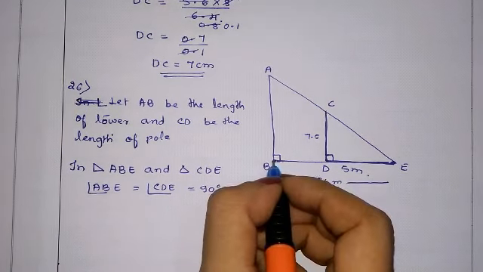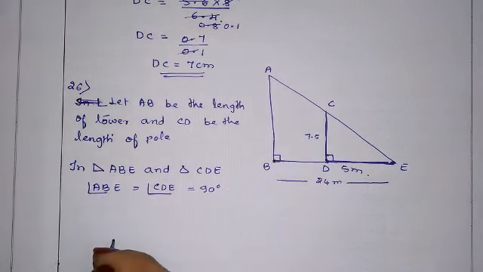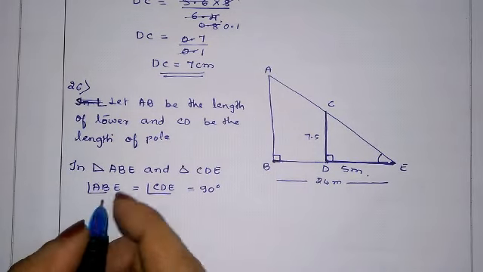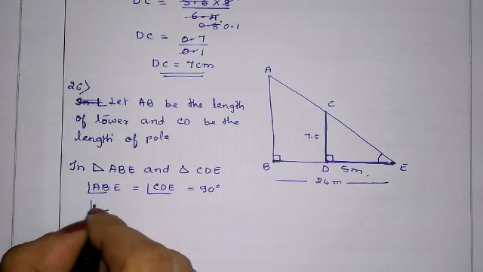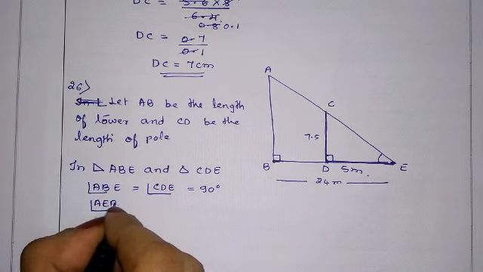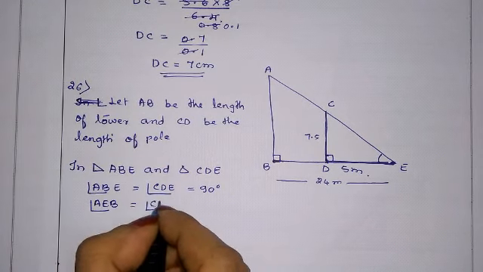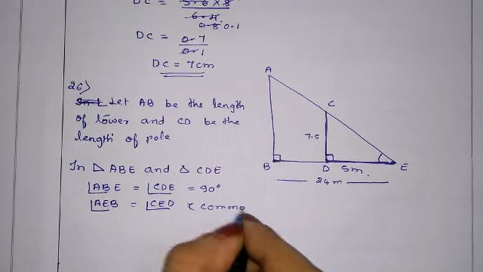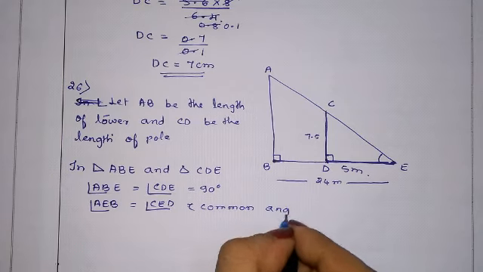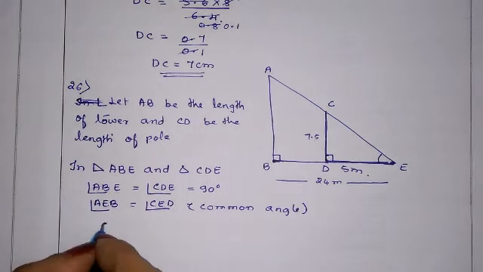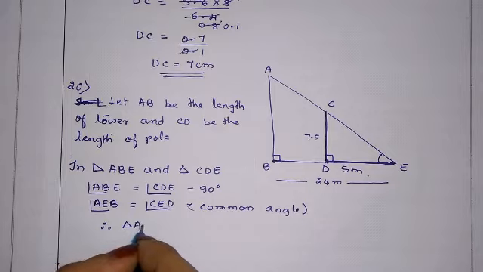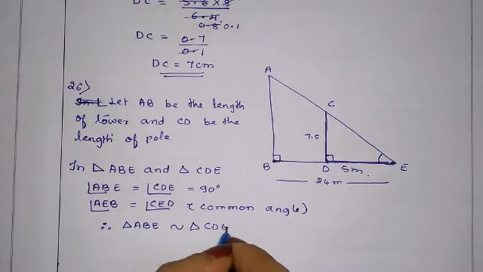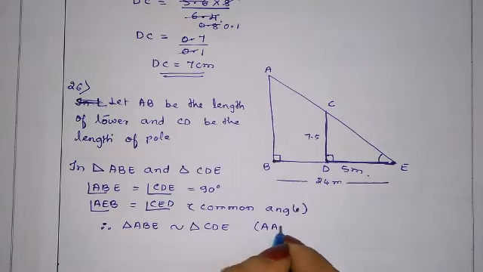We know that because they stand on the same level ground. And we can see here angle E is common in both: angle AEB is equal to angle CED, common angle, right? We know that if two angles are equal, then the triangles are similar. Therefore triangle ABE is similar to triangle CDE by AA similarity.